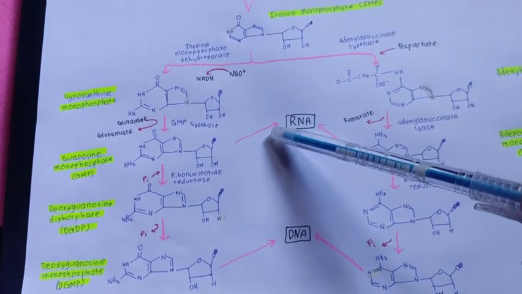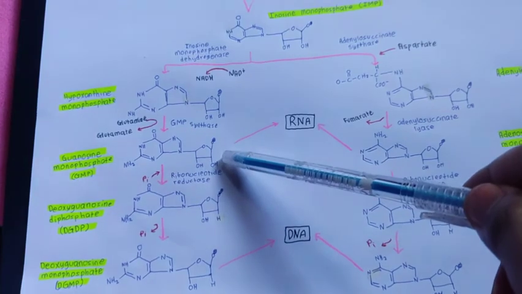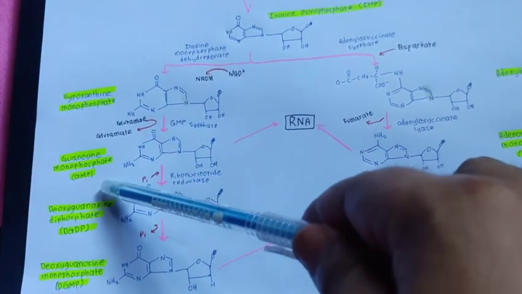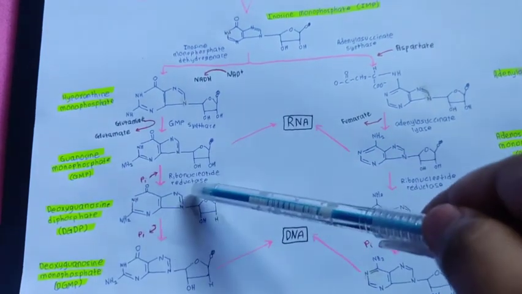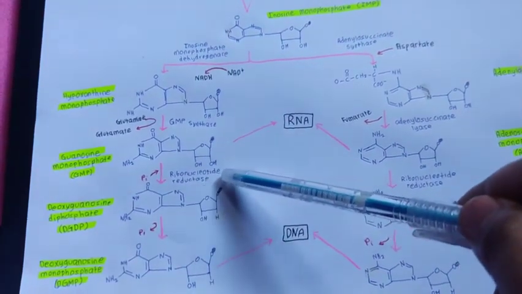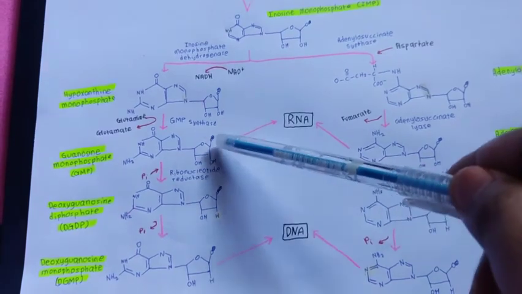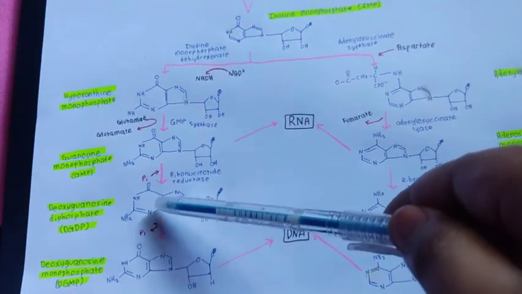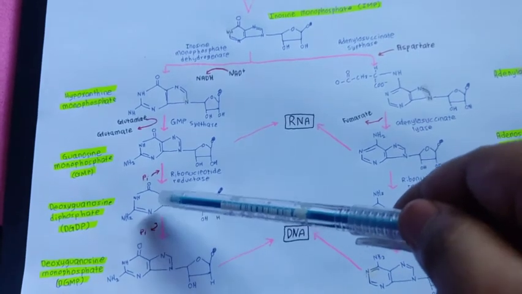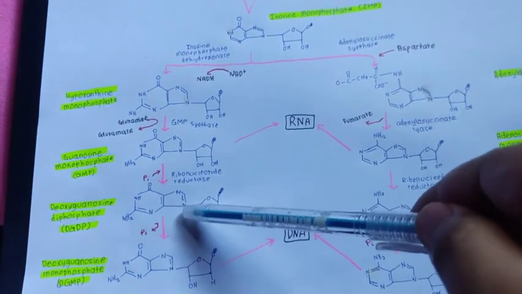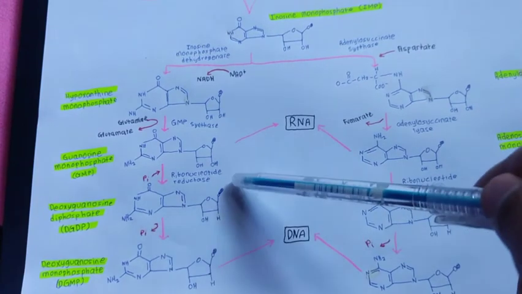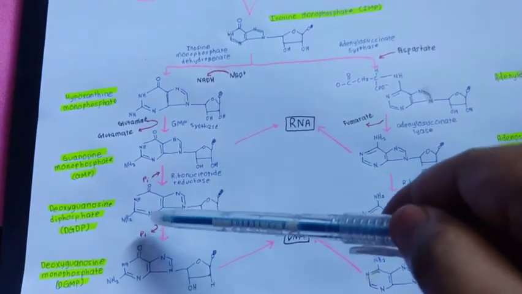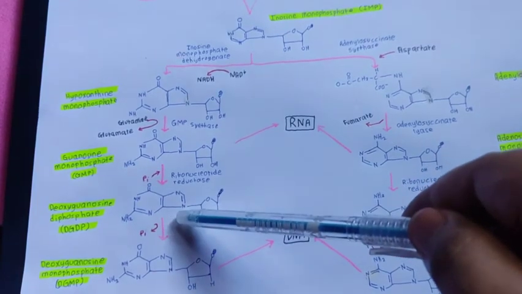Then we need to convert into DNA too. So we must add a phosphate group here at GMP. So we use ribonucleotide reductase. Then this GMP was converted into a molecule called deoxyguanosine diphosphate dGDP. For this dGDP, we need to pull out a phosphate group.